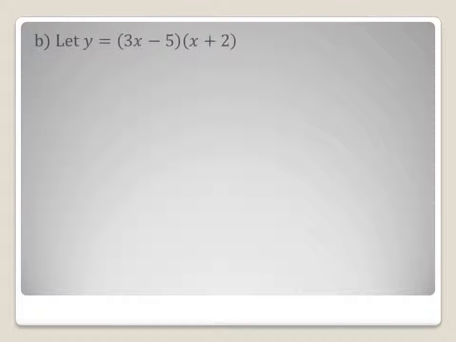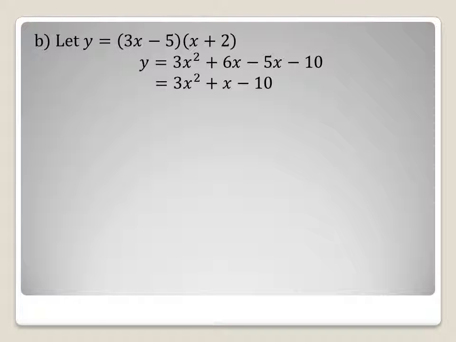In B, let y equal (3x minus 5) into brackets (x plus 2). Expanding and collecting like terms, y equals 3x squared plus x minus 10. The derivative dy/dx is now equal to 6x plus 1.